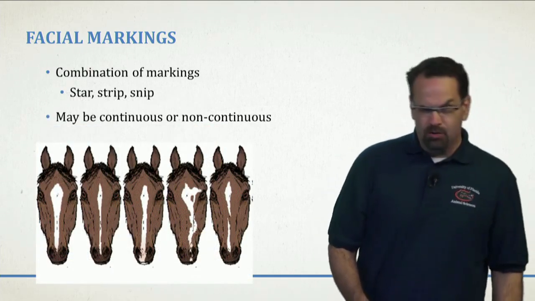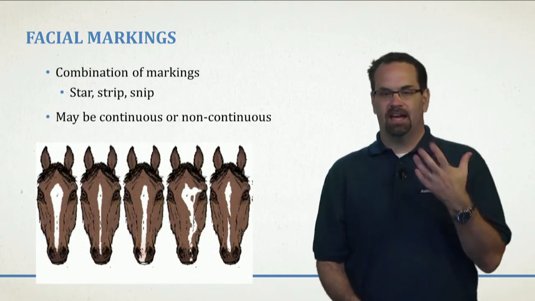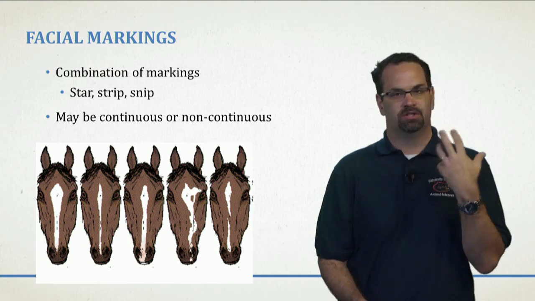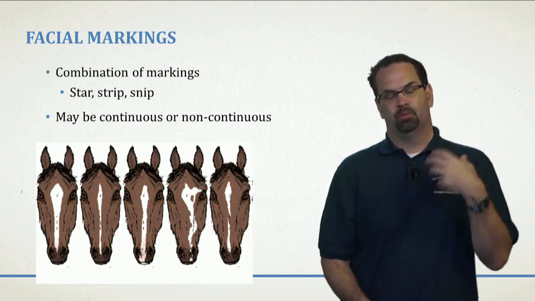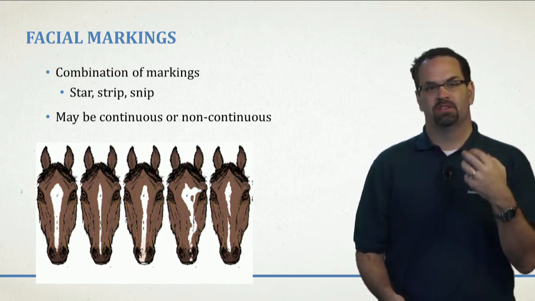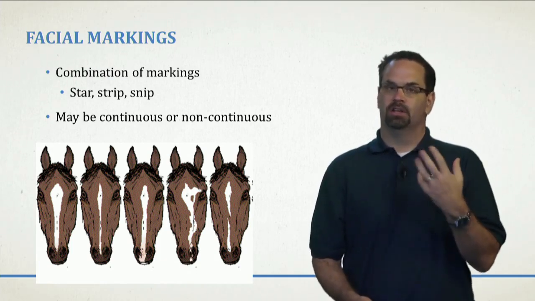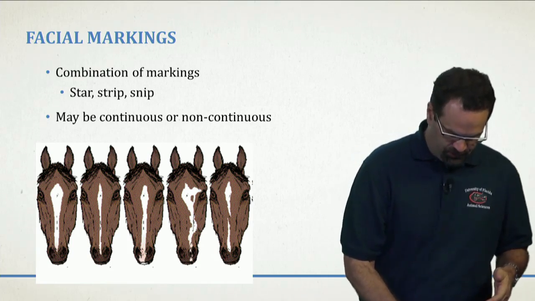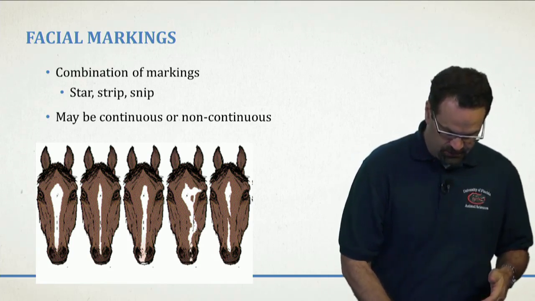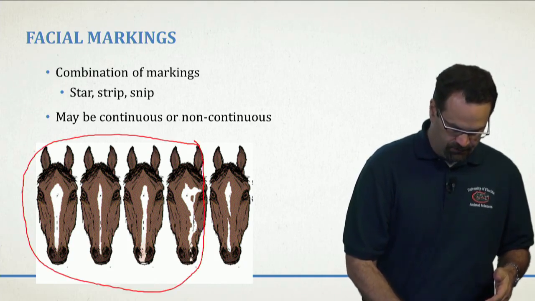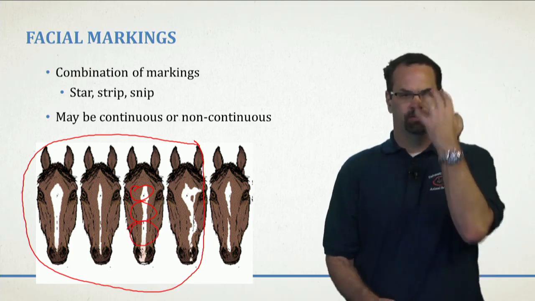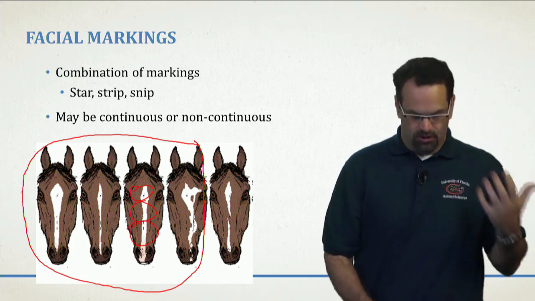Now, most horses are going to have a combination of these on the face. They're either going to have one or two or all three. We also say they're either continuous or non-continuous. Continuous, and all four of these here are continuous, is where you have the star, the strip, and the snip all running together.